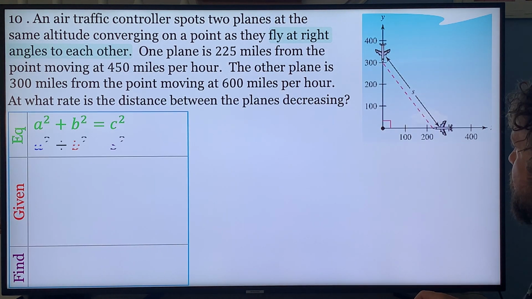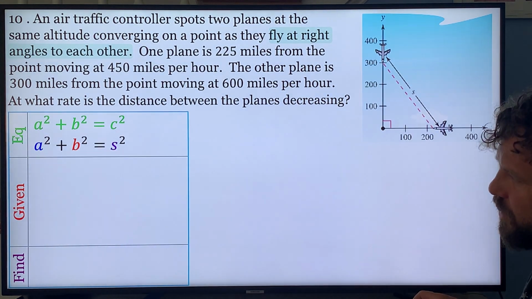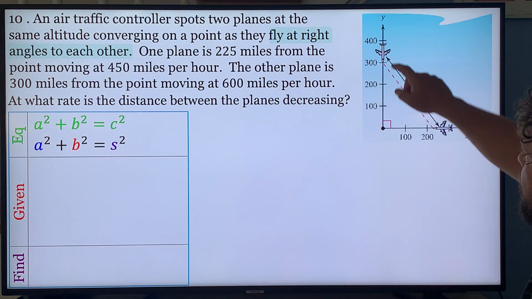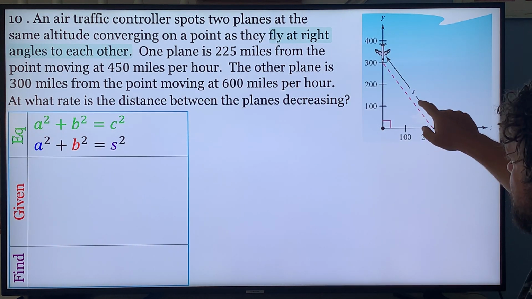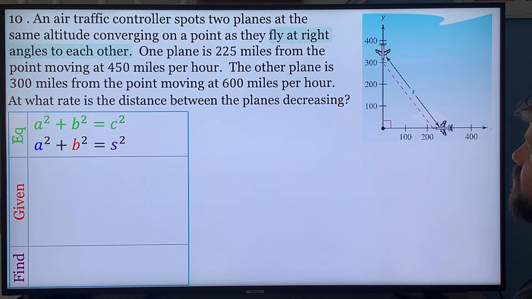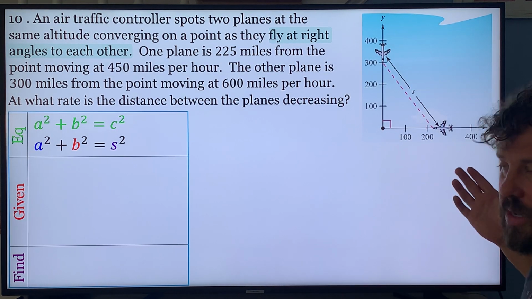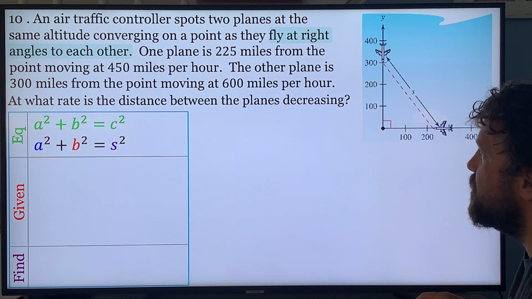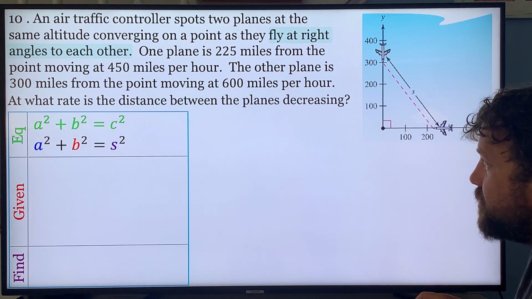Well, let's see. a squared plus b squared equals s squared. I'm going to turn it to an s. Why do I turn it to an s? Because I don't know if you can see on your packet, it looks a lot nicer. This is s. The distance between the planes, they say, is related as s. That's just what they call it, so I just turned my c to an s. c is always your hypotenuse. So a and b are interchangeable.